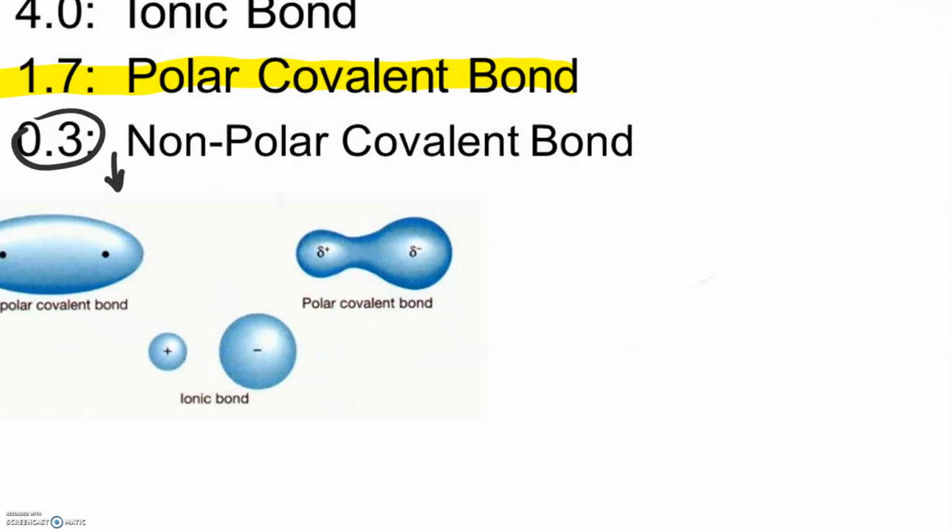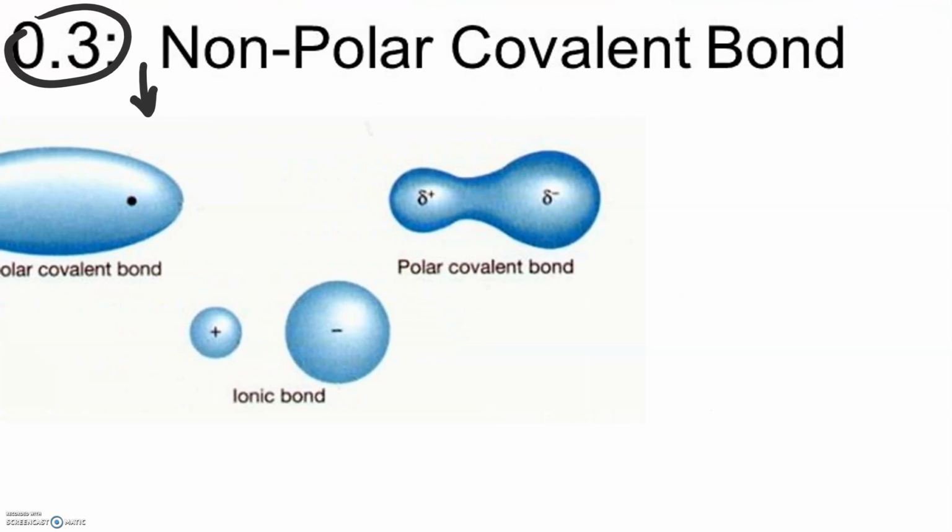If we zoom in even further, we'll see that the atoms in a polar covalent bond aren't sharing electrons equally. They're spending more time around one side of the molecule. That's giving a difference in charge distribution.